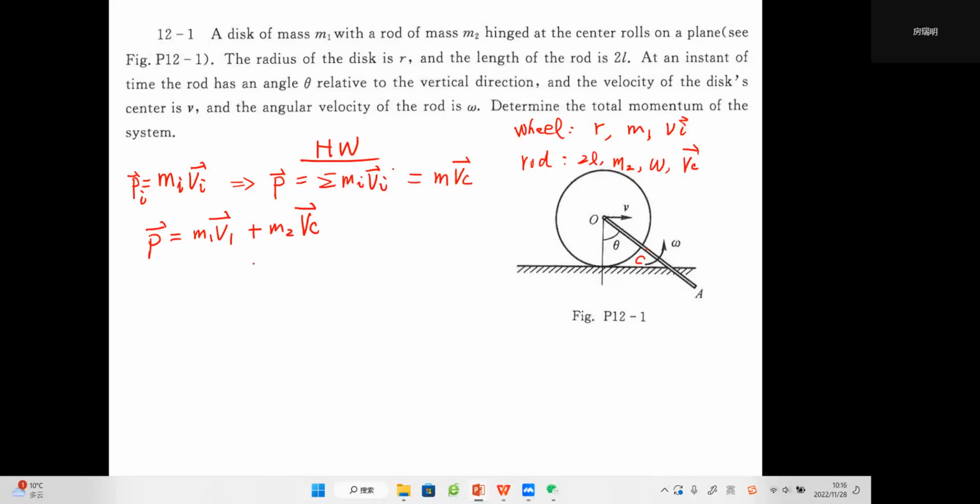Then we'll finish this problem. So the thing is, we should try to find some method to calculate vC here, right? So once again, we should analyze the motion type of OA, right? Let's see this rod OA. Can you guys figure out what kind of motion it has?